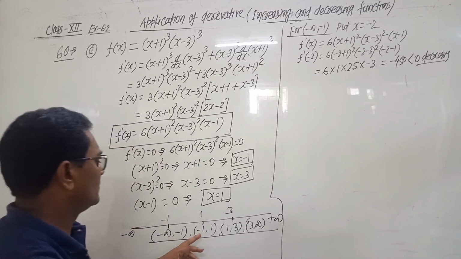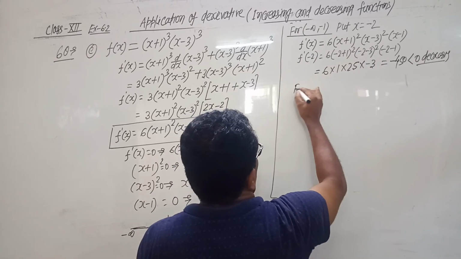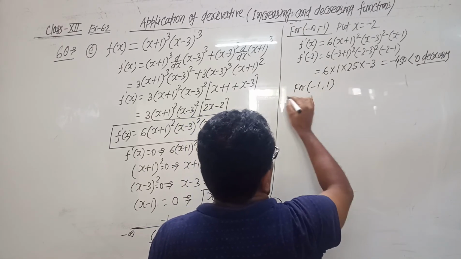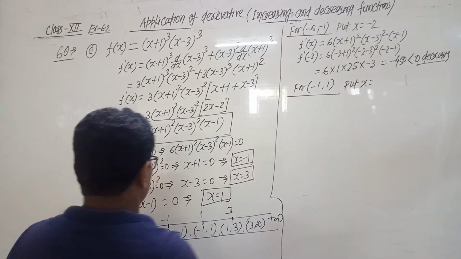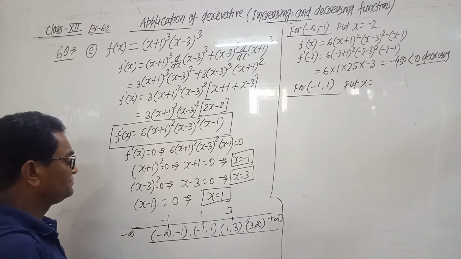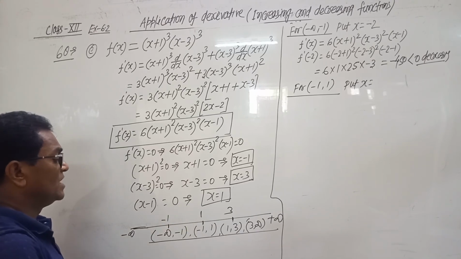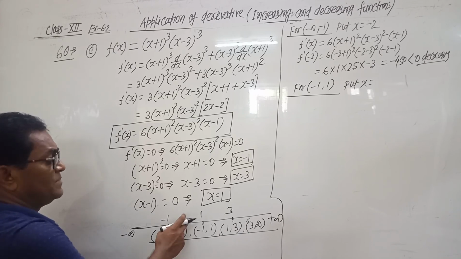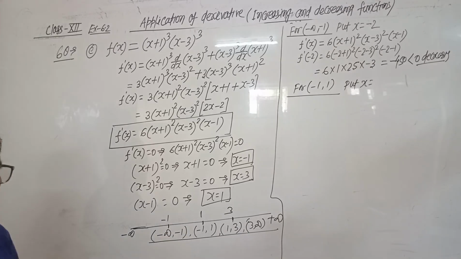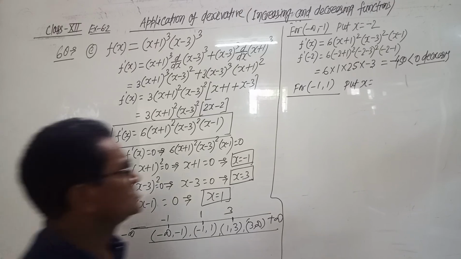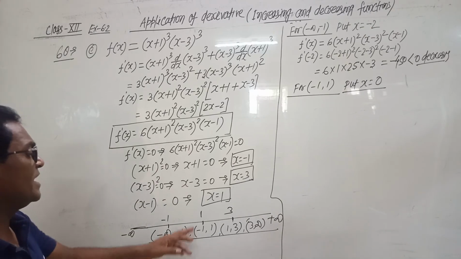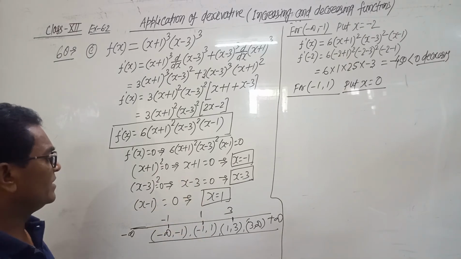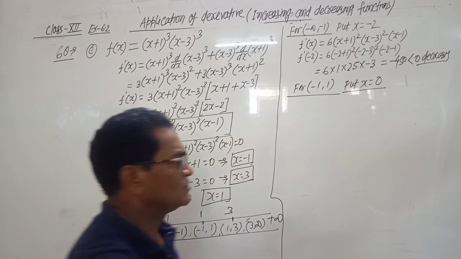Now the next interval, from −1 to 1. We put x equal to a value that lies between −1 and 1. It may be 0, or −0.1, −0.2. So take x = 0; it will be easy to solve when we put x = 0. 0 lies between −1 and 1.